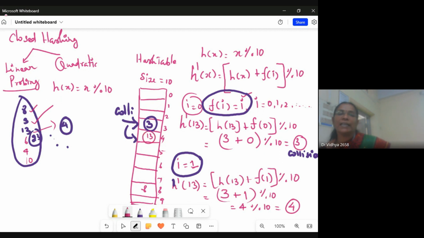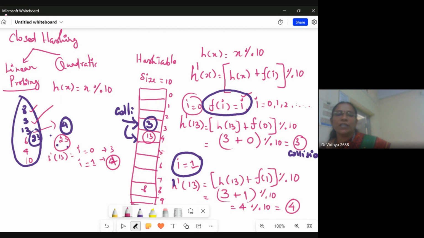Next we are getting another element, 23. Then where will you place 23? Again you need to follow the same process. Obviously h dash of 23 with I equal to 0 will be position 3. Similarly, I equal to 1 will return the position value as 4.